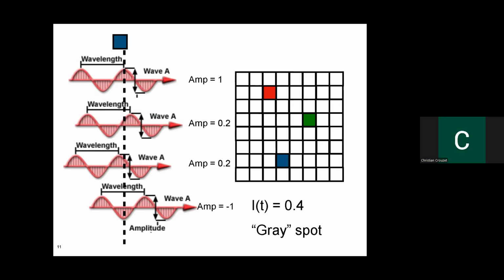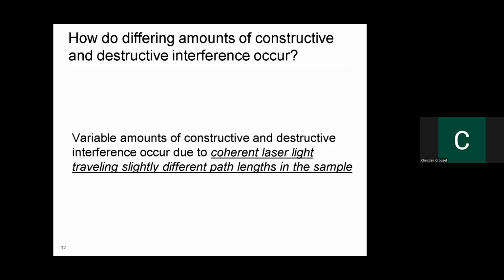It's looking at these waves that are being collected by the camera sensor, where you have interference, whether it can be constructive, destructive, or somewhere in between. And why do you have these different amounts of constructive and destructive interference? Well, that occurs because when you send the light into the tissue, they don't all go over the same path. If they all had the exact same path, they would all come back to the camera and they'd all constructively interfere.